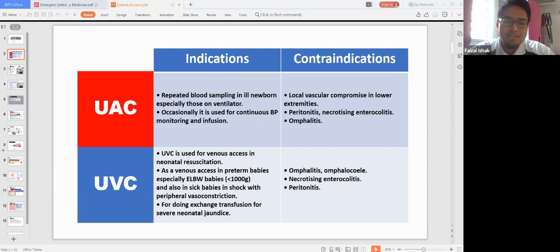And then for doing exchange transfusion for severe neonatal jaundice. The contraindications for UVC are omphalitis, omphalocele, necrotizing enterocolitis, and peritonitis.